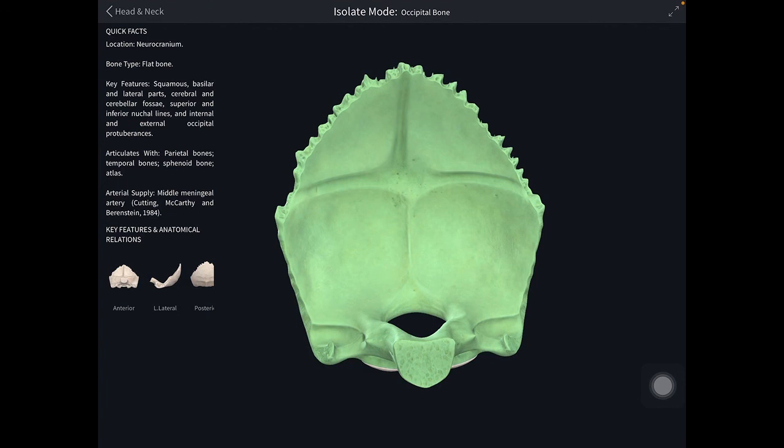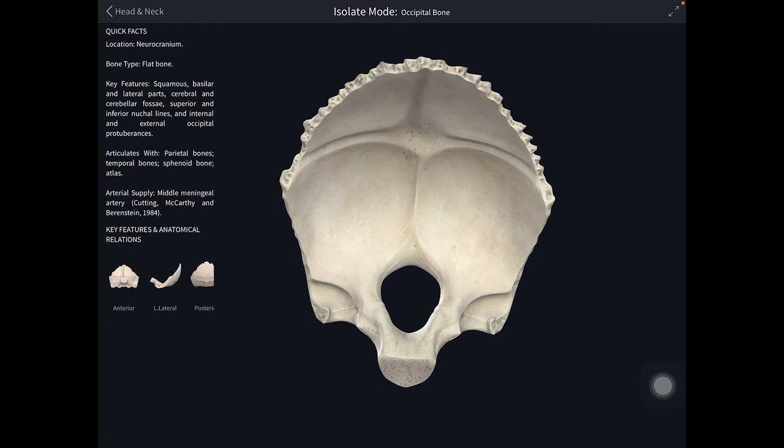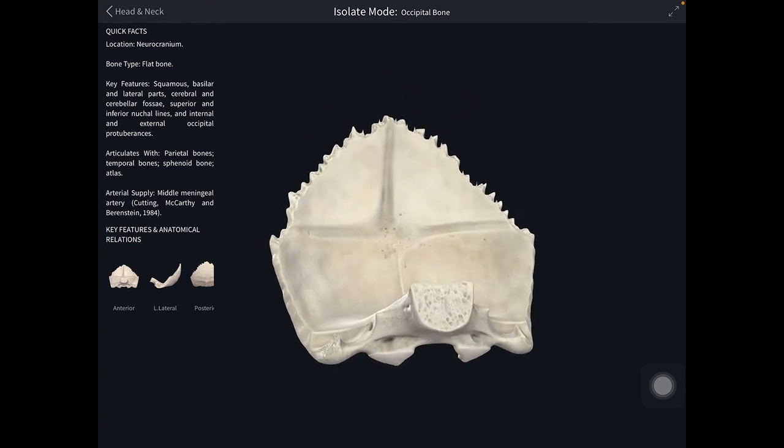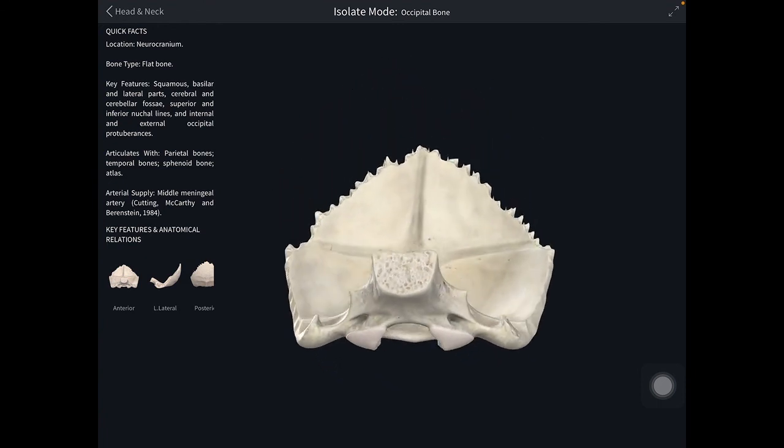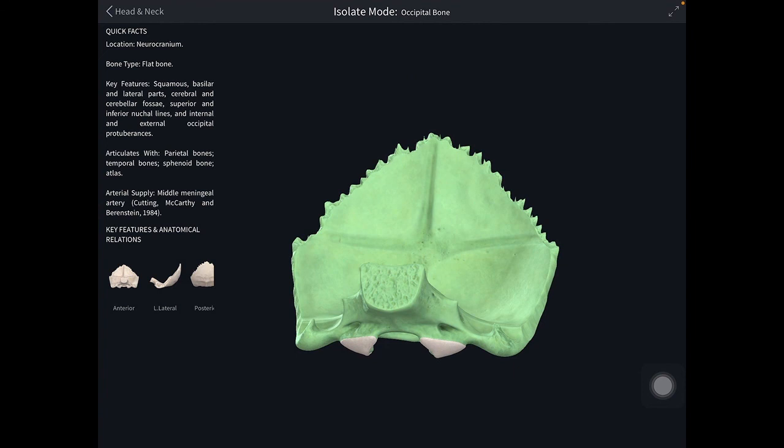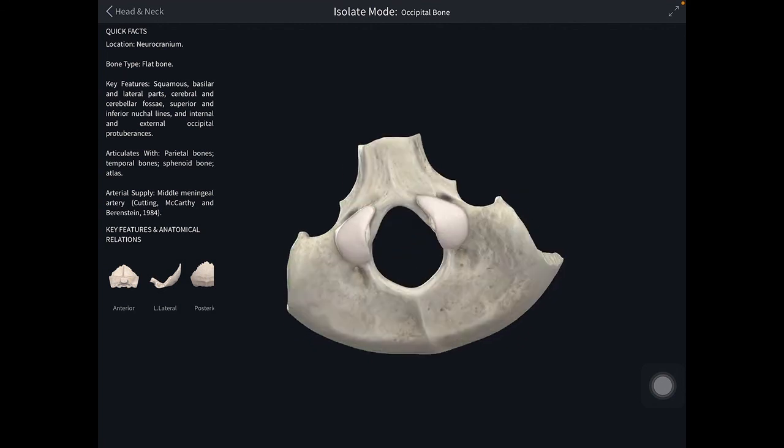The basilar part is separated from the condylar parts by an imaginary line. This is the basilar part and these are the condylar parts. The imaginary line extends across the junction of the anterior 1/3 and posterior 2/3 of the occipital condyle.